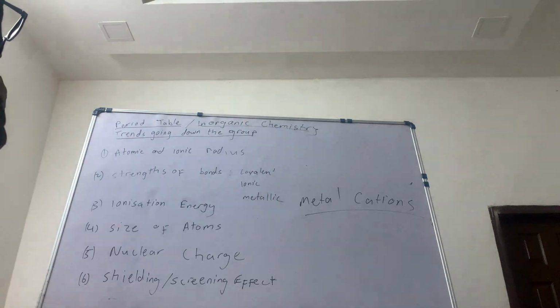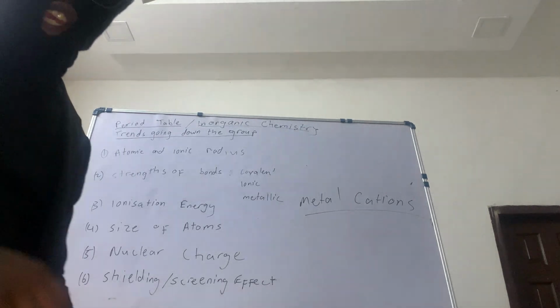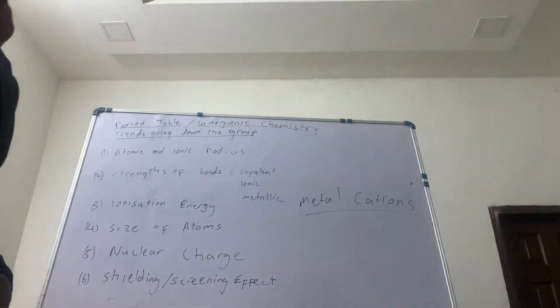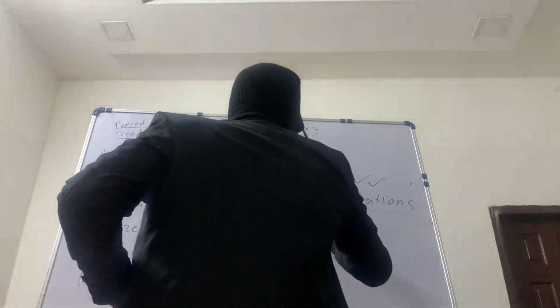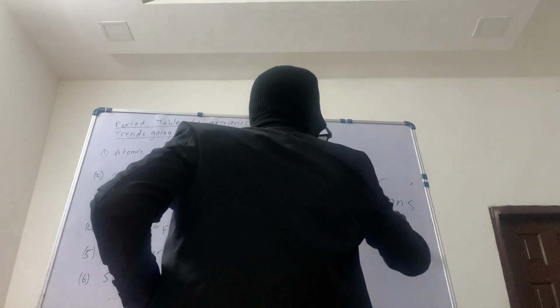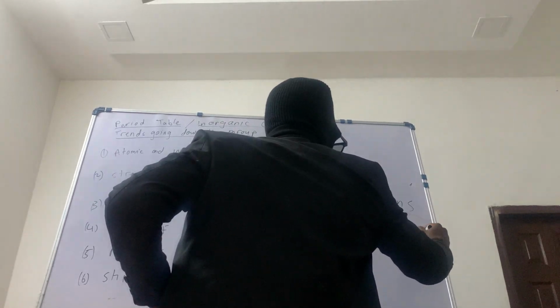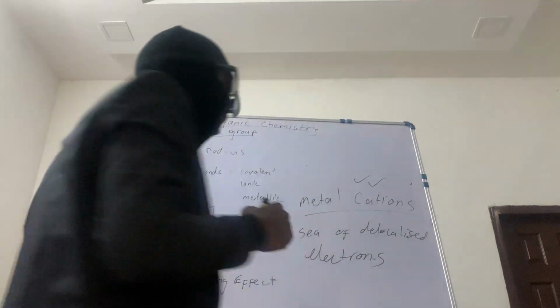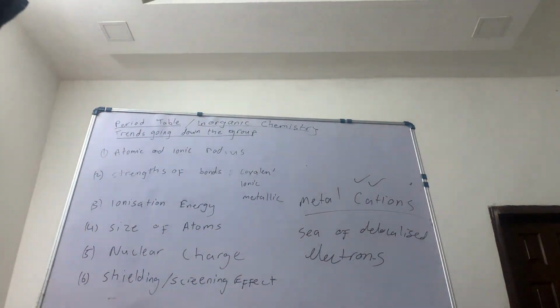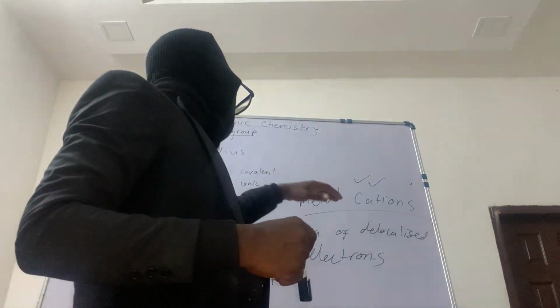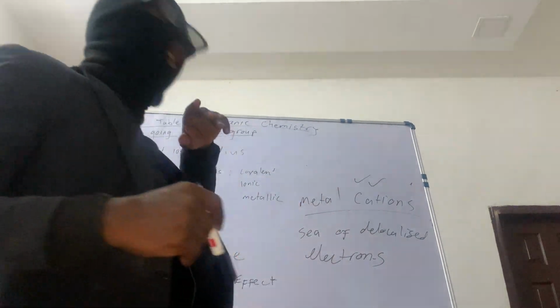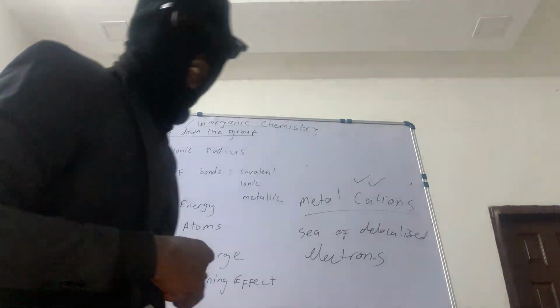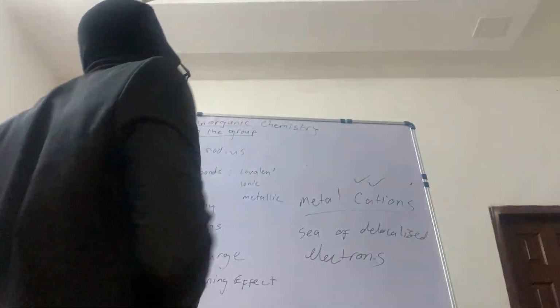When the charge density of the metal cations decreases, it results in weak forces of attraction between the metal cations and the sea of delocalized electrons. When there are weak forces between the metal cations and the sea of delocalized electrons, it means weak metallic bonds.